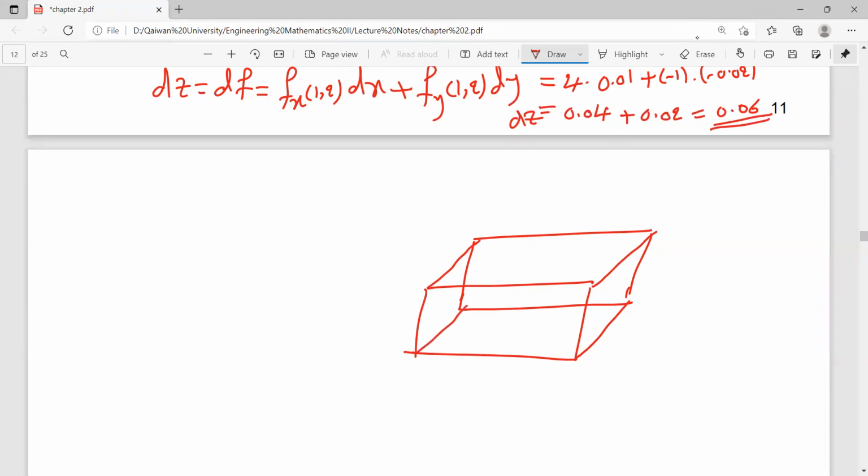This is a cuboid. Here it says this side is 9 centimeters, this side is 6 centimeters, and this side is 4 centimeters. Let's say we originally have these lengths.